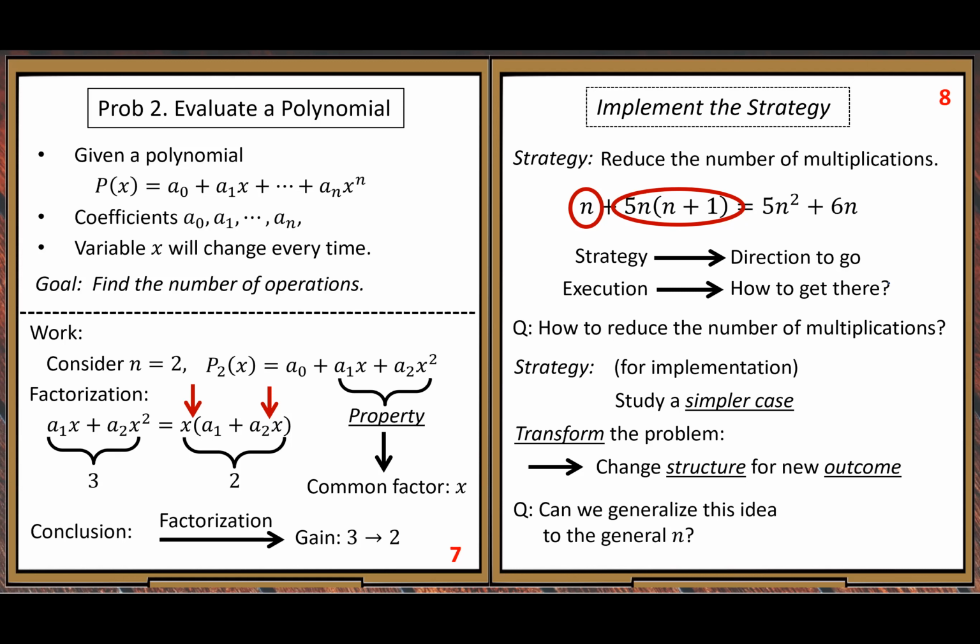Next, we want to extend it and generalize this idea to general N. Then it's reasonable that we can expect a better solution, right? With the knowledge and experience collected here, we expect some nice improvement when we work on the general case.